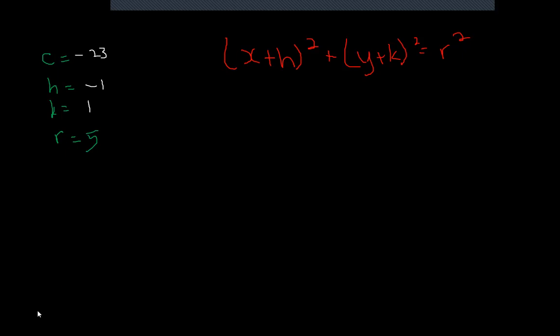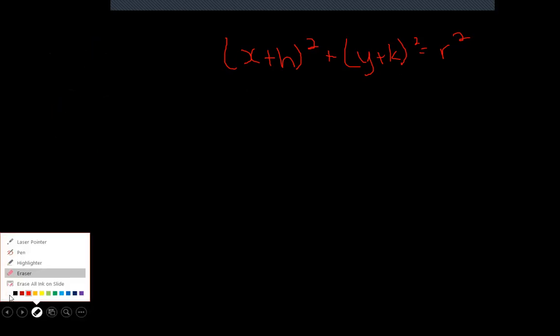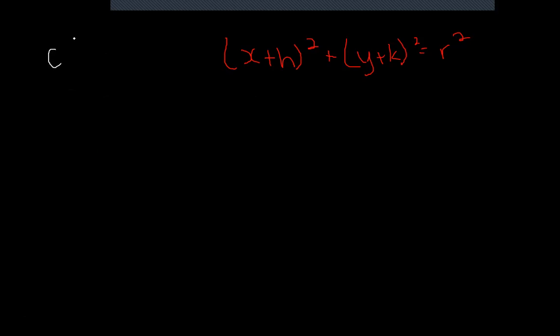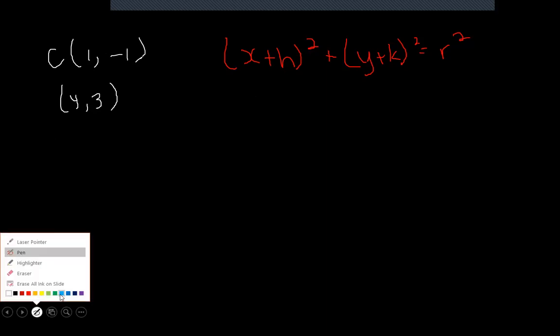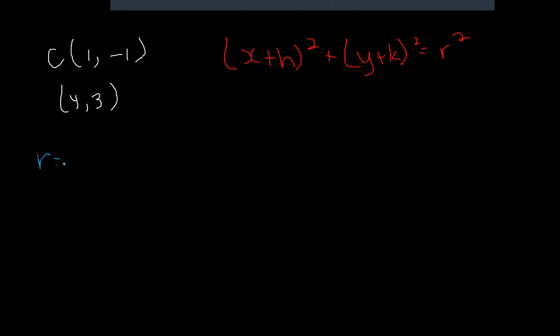So knowing that, the first thing I could do is use the information to first write the standard form. This is what the question gave us. They told us that the center is 1, minus 1. They told us that it passes through a point. And we found out in part 1 that r is equal to 5.